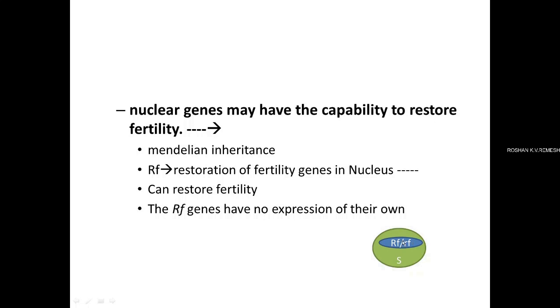If the RF genes are homozygous recessive, then it cannot restore the fertility. That means the cytoplasmic male sterility can be observed in a plant having a defective cytoplasmic genetic material, as well as having homozygous recessive RF alleles.